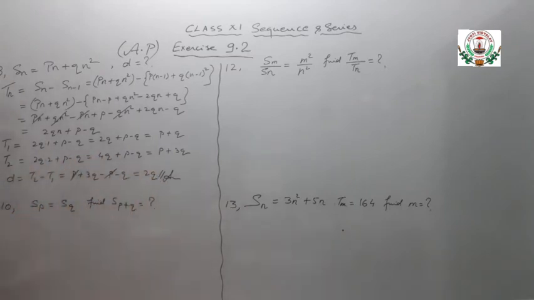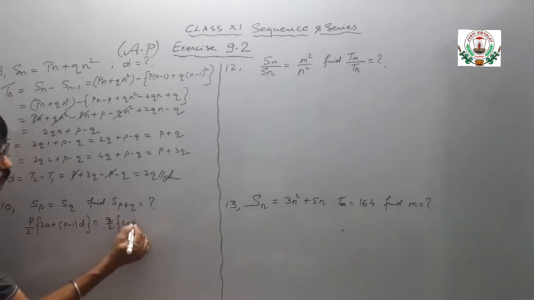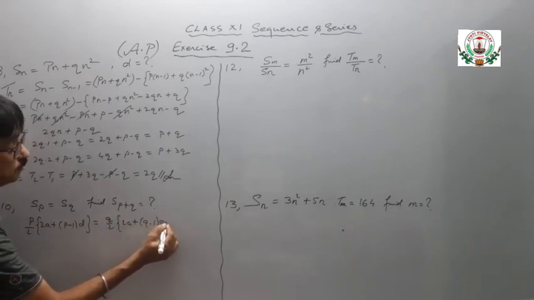Now the 10th question: sum of pth terms is equal to sum of qth terms. Find S of p plus q. So sum of pth terms, p by 2 into 2a plus p minus 1 into d. Qth terms, q by 2 into 2a plus q minus 1 into d.